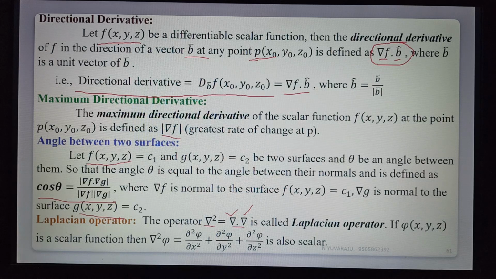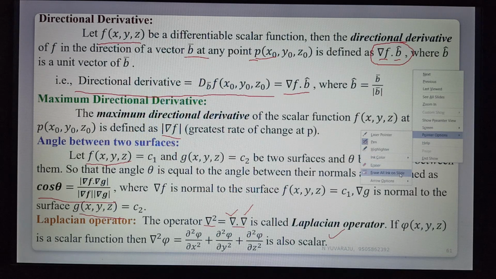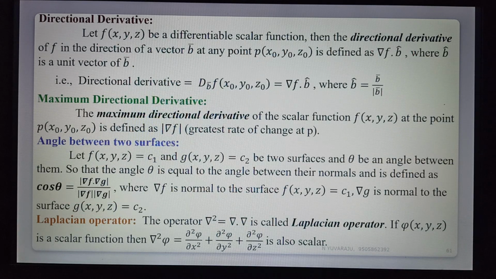Del square phi can be written as del square phi by del x square plus del square phi by del y square plus del square phi by del z square, which is also a scalar. Okay, these are the basic definitions in vector differentiation.